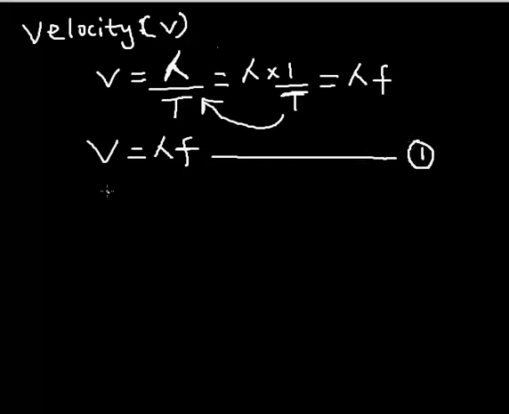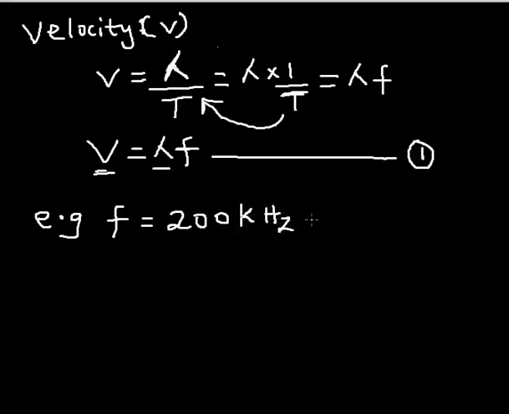Every wave will always have frequency, velocity, and wavelength. Let's look at a typical example. Let's look at a radio station that is transmitting at a frequency of 200 kilohertz, and you're being asked to evaluate the wavelength of such a radio station.